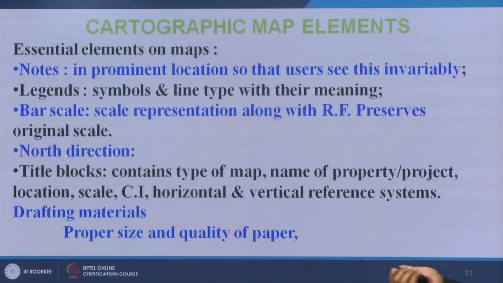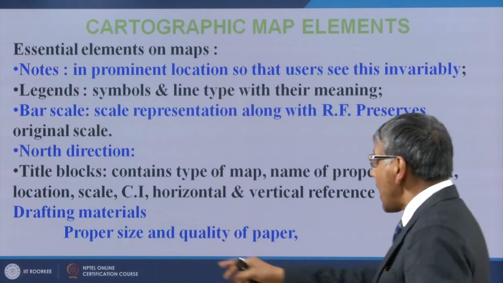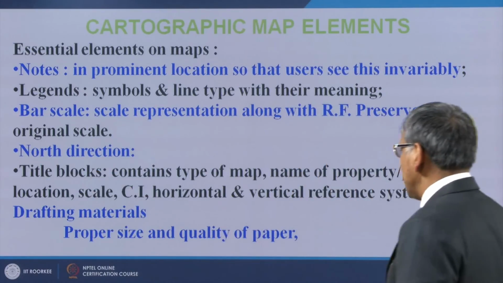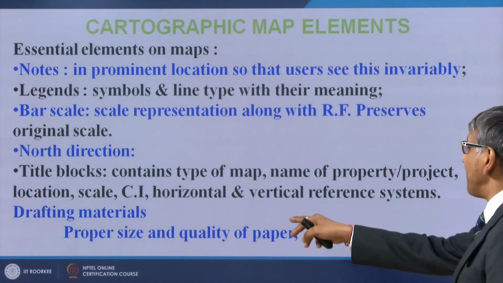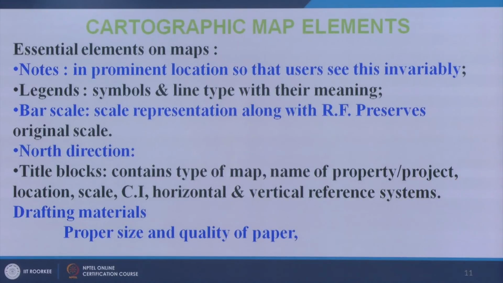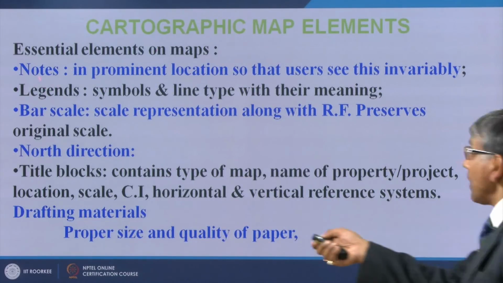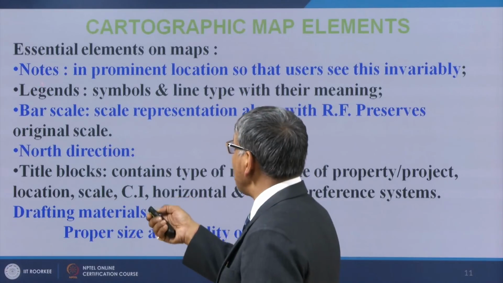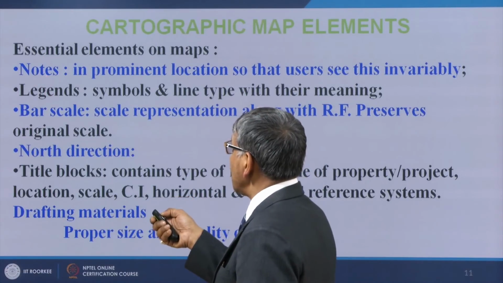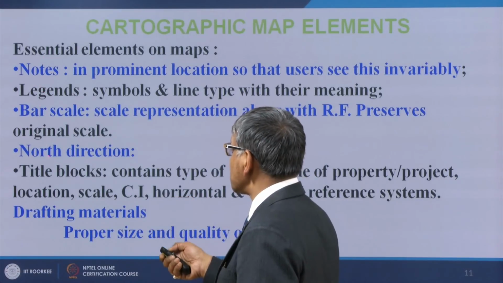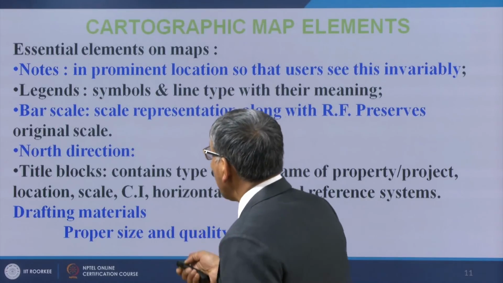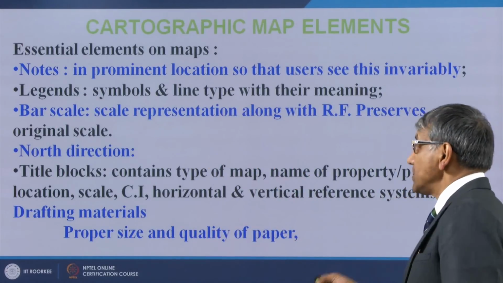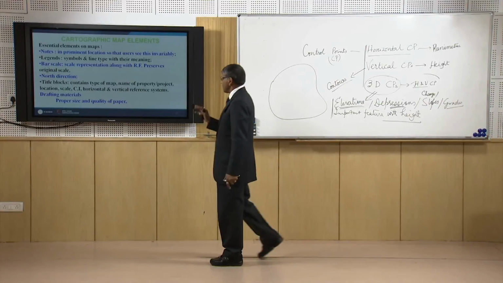Then the map should also have the title block. The title block must contain the type of map, name of the property or project, location, scale, contour interval, horizontal and vertical reference system, etc. So these are the cartographic elements, especially legends, bar scales, north direction, title block, and also notes, which have to be present in the map.